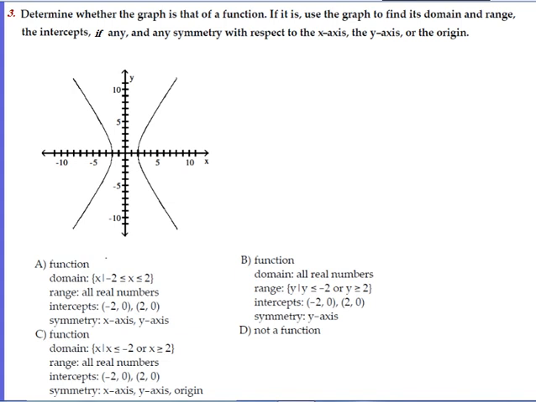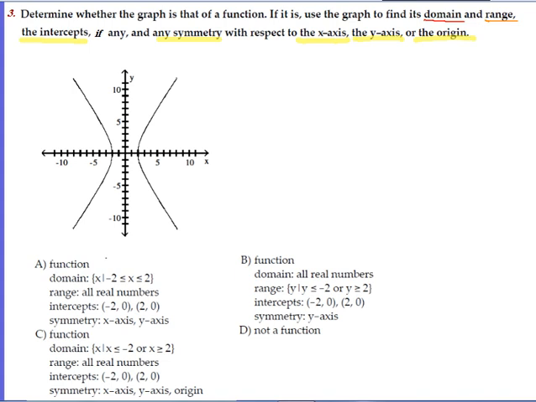So the requirement for this question is to find the domain, range. What else? We are also asked to get the intercepts, if any, so we could have x and y intercepts, and any symmetry with respect to the x-axis, the y-axis, and the origin.